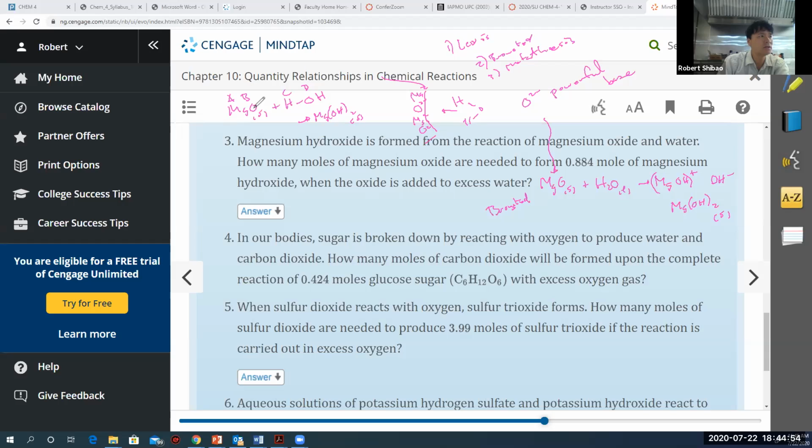And then we have H with O. Well, H with O is just going to form H2O. And so this is what we're going to form here. And then to balance it out, how many hydroxides do I need? I'm going to need 2 hydroxides, so I'm going to need 2 waters here. Well, if I have 2 waters there and 1 water there, then one of these waters will cancel out. And that will give it to me.